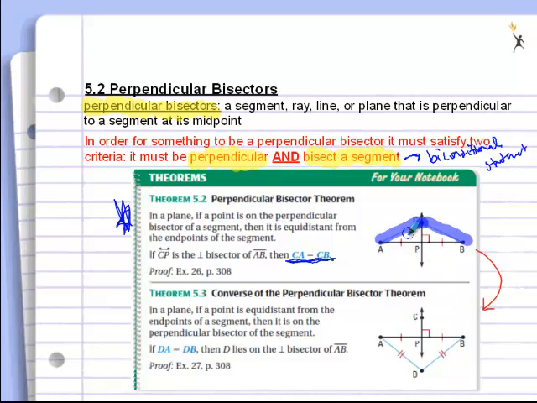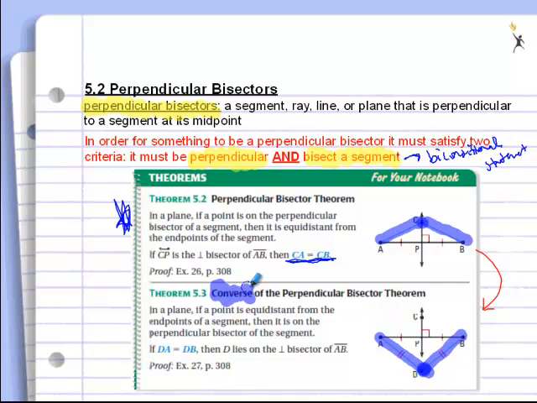The opposite of that theorem, or the converse of that theorem, is to say if you have a point equidistant. Up here, we have a perpendicular bisector. And because we have a perpendicular bisector, we have a point that is equidistant from the endpoints. Here, we're told a point is equidistant from the endpoints. Therefore, it lies on the perpendicular bisector.